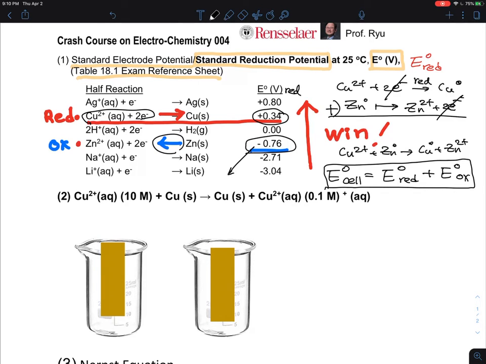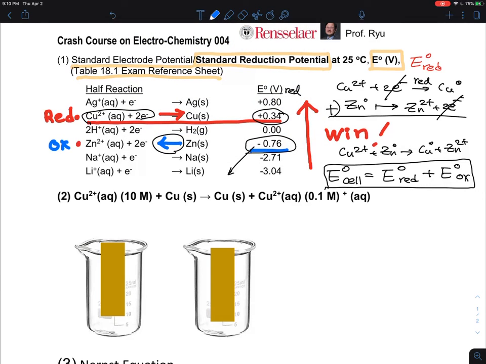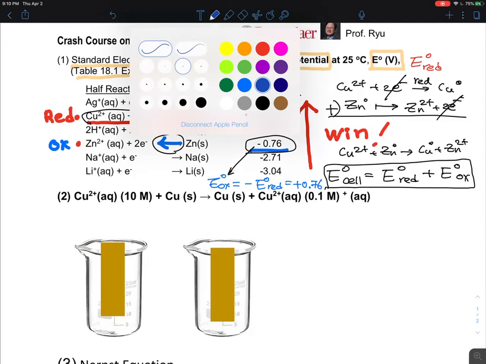But if you think about this oxidation, I'm going to write this value in blue, and E oxidation is the negative of E reduction. So the oxidation for zinc is going to be plus 0.76. Whereas this one, I can still use the dark colors, black.